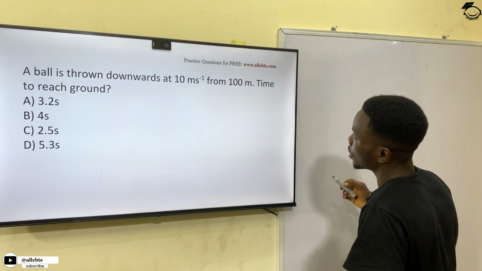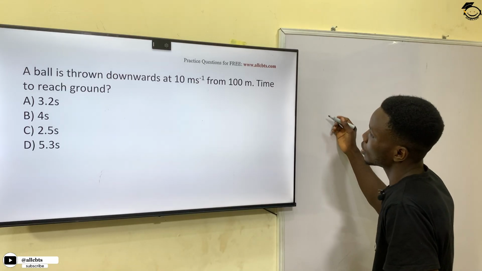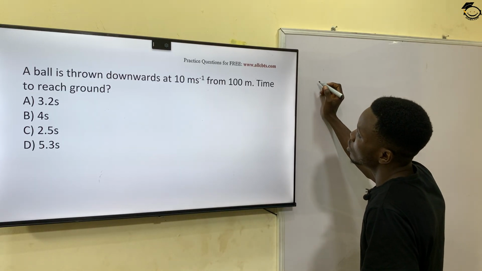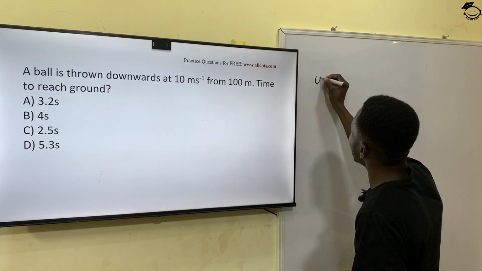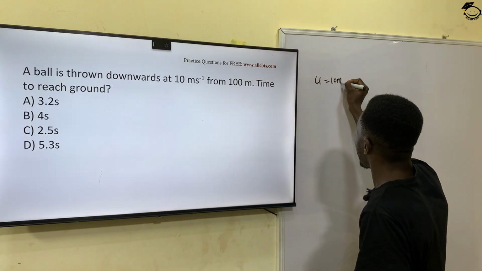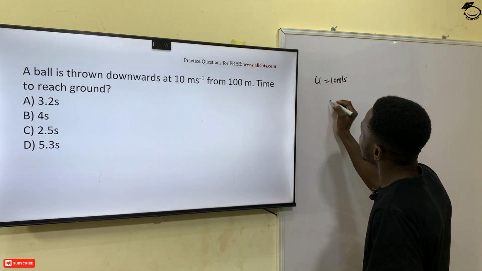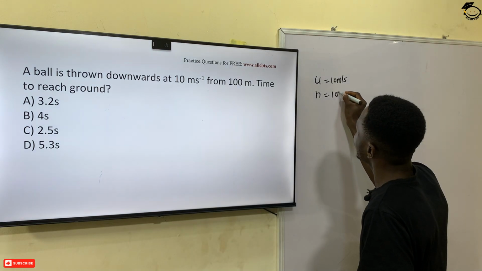But in this question, we're given the velocity with which it was dropped. Here a stone is thrown downward, so our initial velocity was given as 10 meters per second. And then it said the total height it covers is 100 meters.